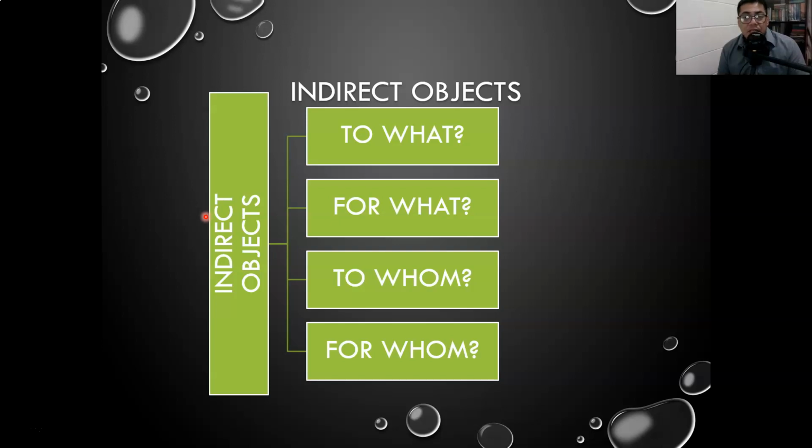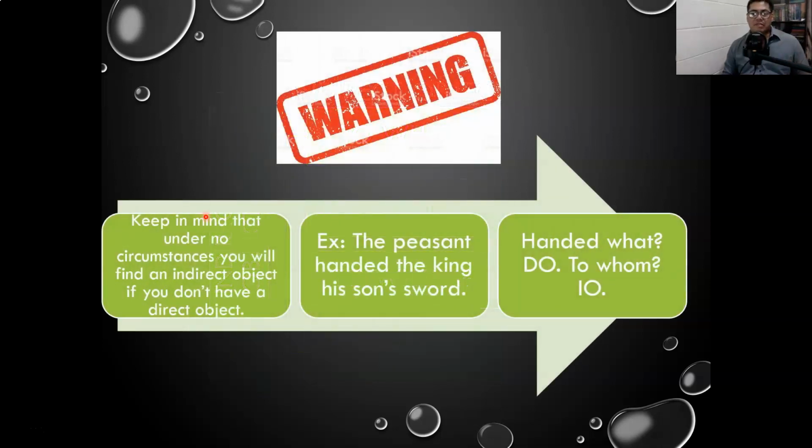And it's very important that you know that we have a specific placement for indirect objects in the sentence. The indirect object is going to be located before the direct object. Okay? Here is what I told you some minutes ago. Keep in mind that you will not find an indirect object if you don't have a direct object.